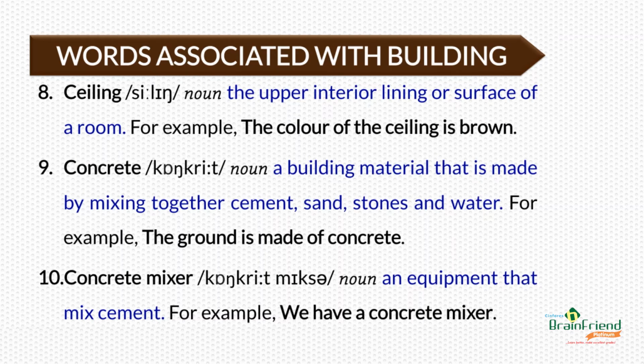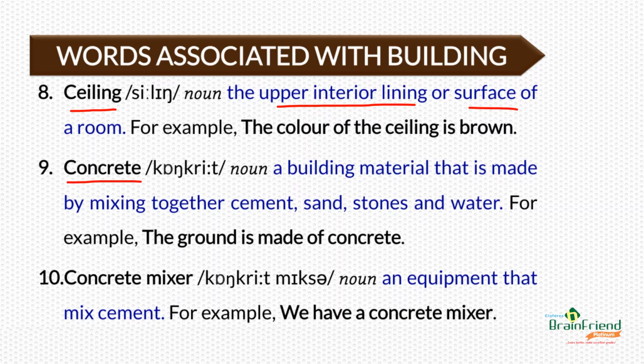Moving on, another word associated with building and building construction is the word ceiling, which means the upper interior lining or surface of a room. We can say the color of the ceiling is brown. Next, we have concrete.